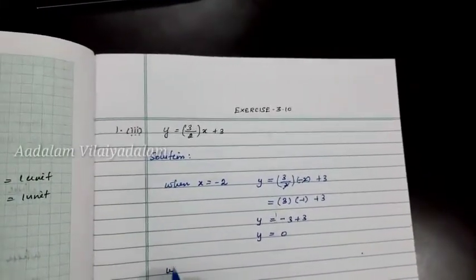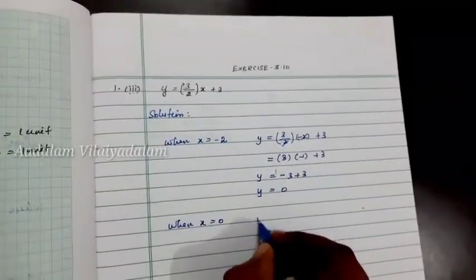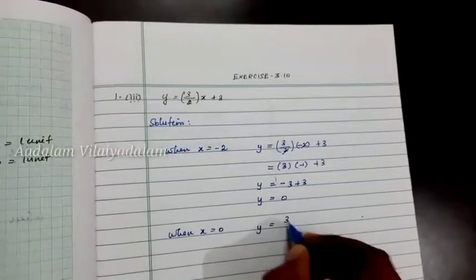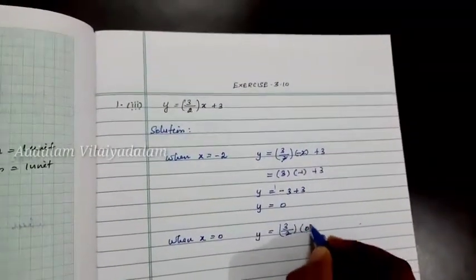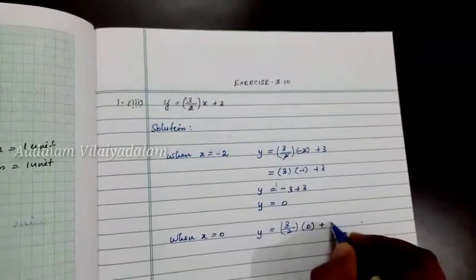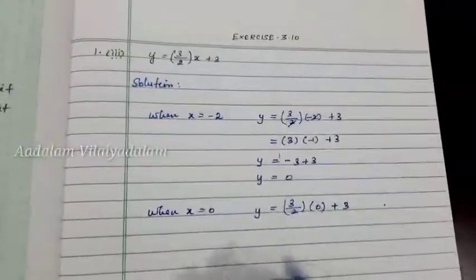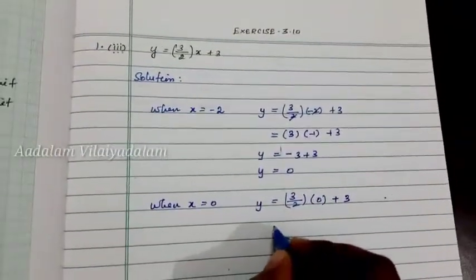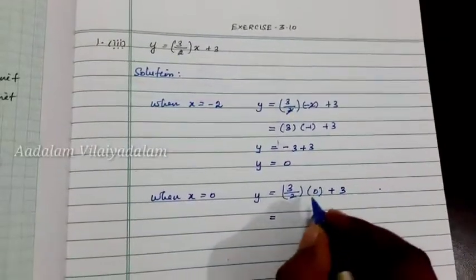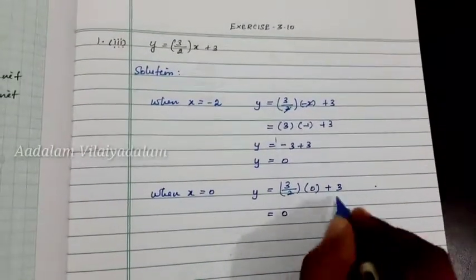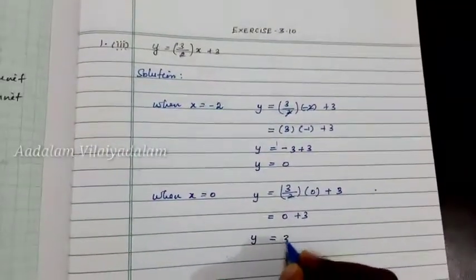Now when x equal to 0, y equal to 3 by 2, instead of x we put 0, then plus 3. Here the whole term will be 0 when it is multiplied with 0. Therefore, the value of y is 3.